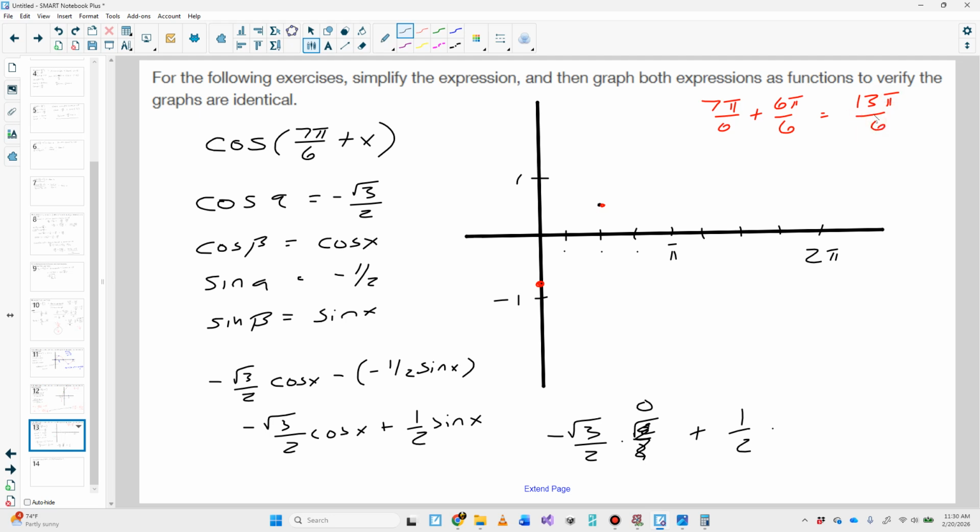I can use a reference angle, which is pi over 6, because that's 2 pi with a pi over 6 remaining. So the cosine of pi over 6 is the square root of 3 over 2. What was that again? It's pretty close to where 1 is, so it's probably right about here.